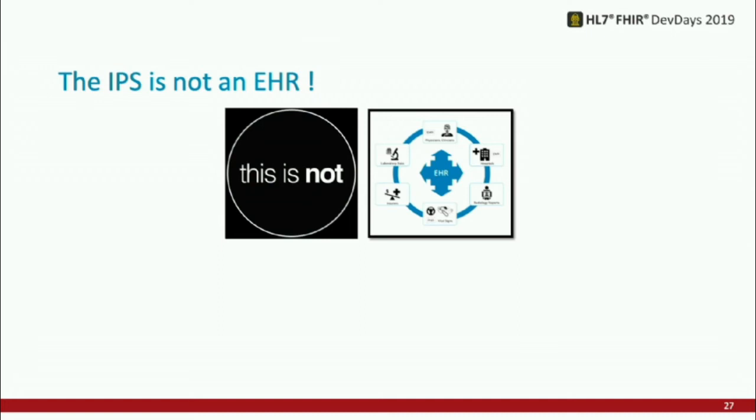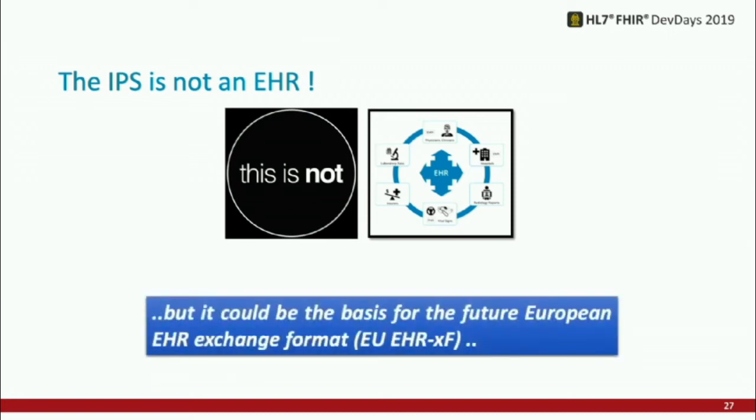Well, you have to figure that out as you go and do your best job clinically to determine that. Okay. But even though it's not an EHR, it could be the basis for, let's say, in Europe, an EHR exchange format, and that would be true of any other place potentially across the globe.